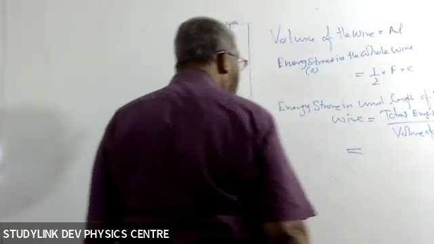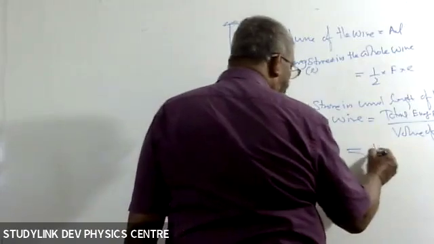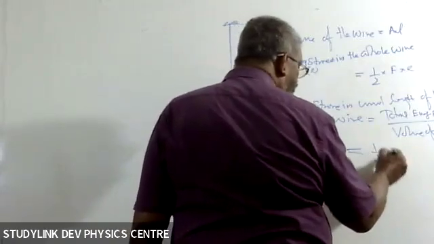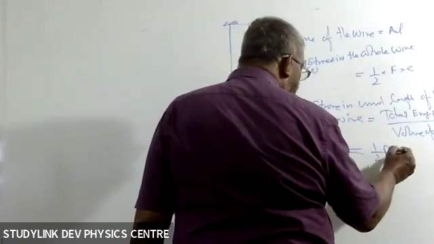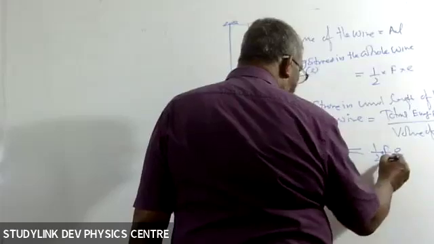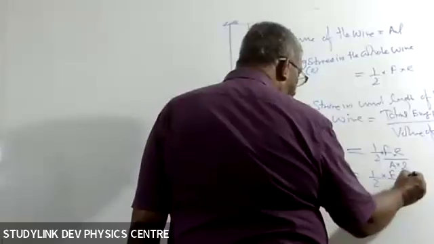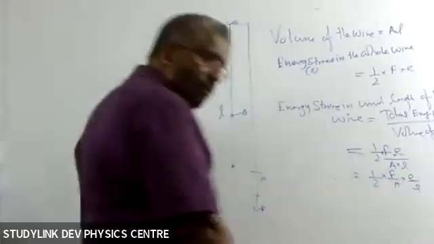That is half F into E divided by the volume AL, A into L.